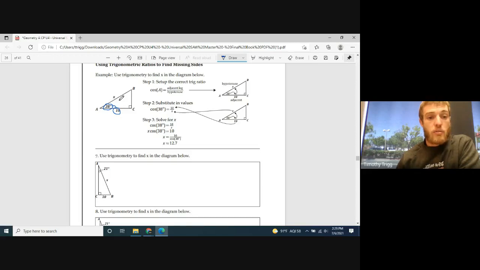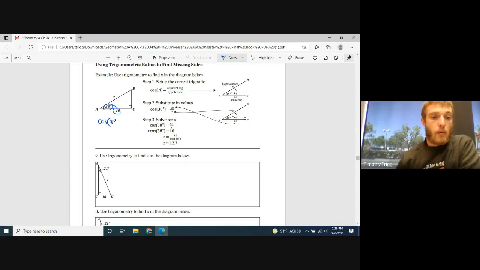X is the hypotenuse. It's opposite from the 90. So we have the adjacent, and we're looking for the hypotenuse. So which trig function should we use? Well, which trig function involves adjacent and hypotenuse? Well, that would be cosine. So we're going to use cosine in this case.